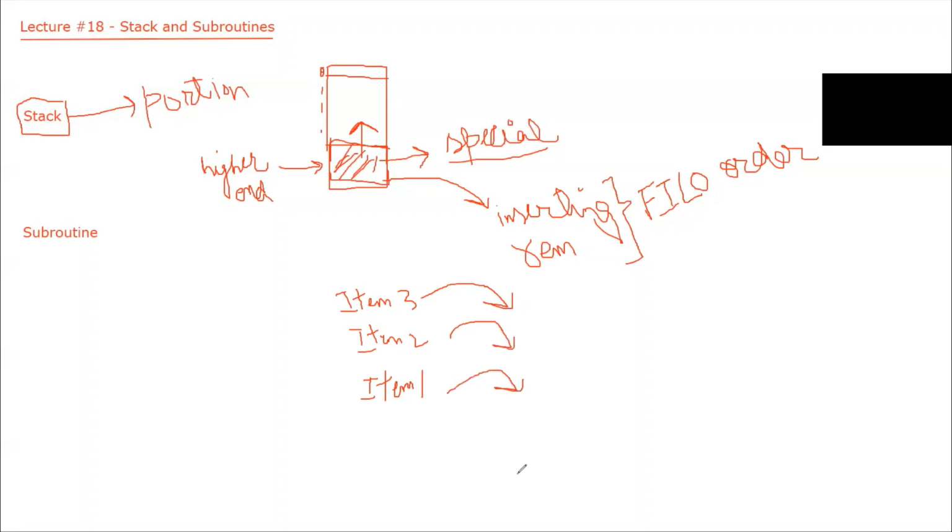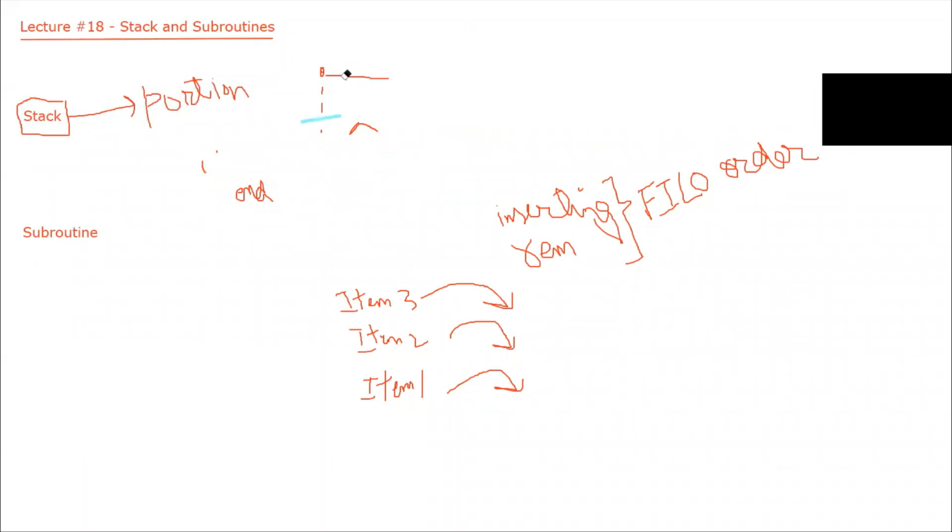So this group of locations in the read write memory that is used to store some data during the execution of a program is called a stack memory. Let me rewrite it here.